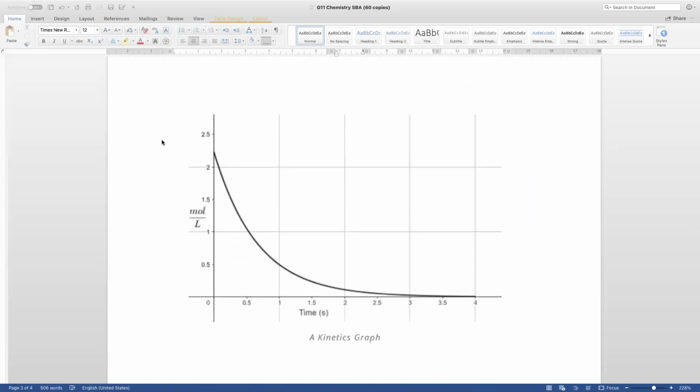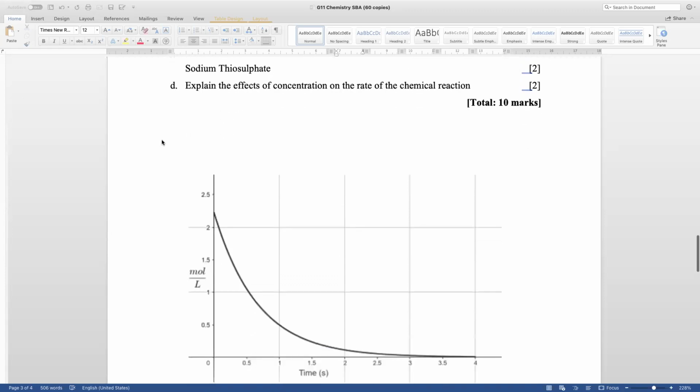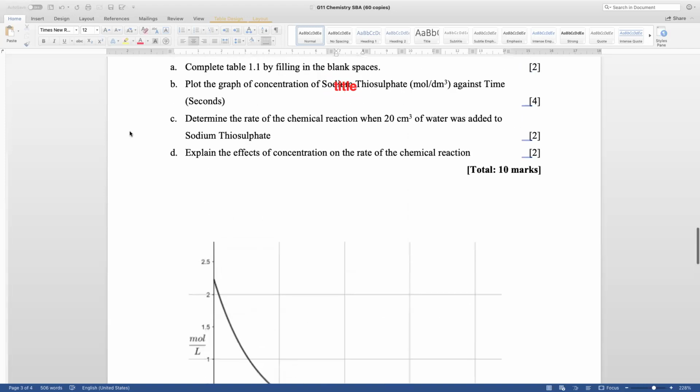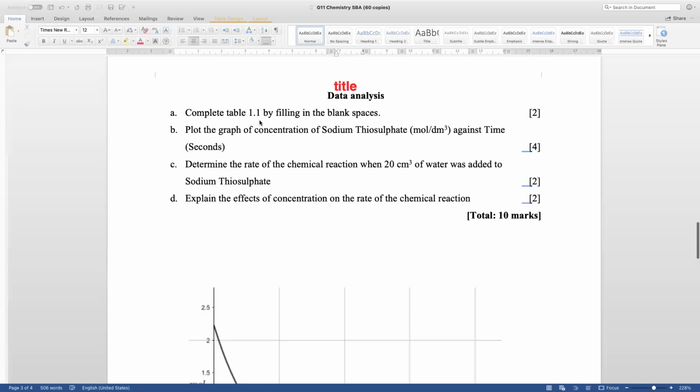Hints. The question here says 4 marks. How do you get these 4 marks? Please put a title. You omit the title, you lose marks. What is a title? Where do you get the title? It's in the question. The question says plot. So the question starts from here.